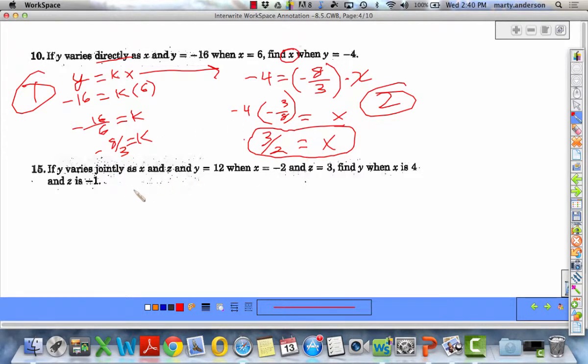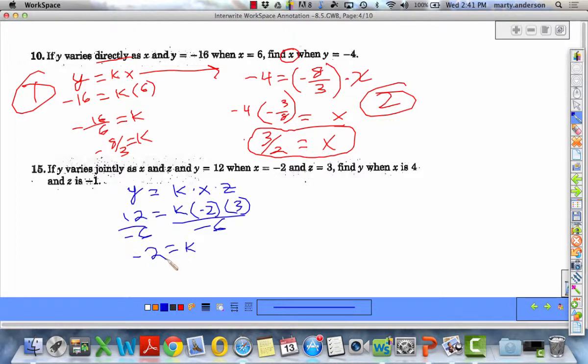Varies jointly. I'm skipping down to number 15. Y varies jointly with x and z. So I'm going to write y equals k times x times z. Remember, jointly is more than one multiplication. It says when y is 12, that means we can solve for k because I know x is -2 and z is 3. Solve for k. I get k is -2. Okay, now we're going to go back. It says find y.